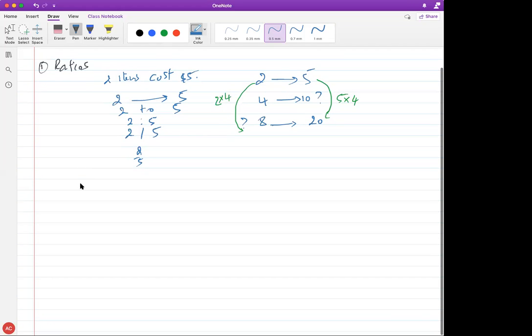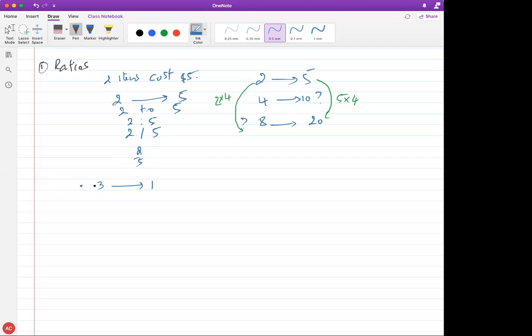Another example is, let's say you have some people and each person requires 3 slices of pizza.